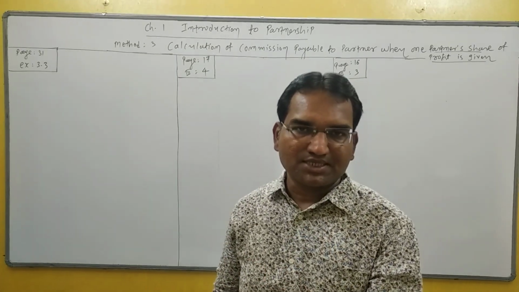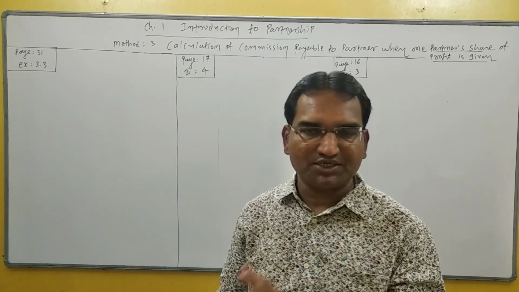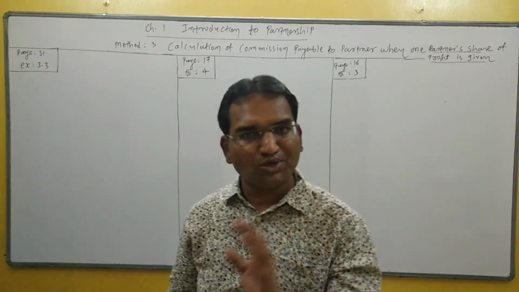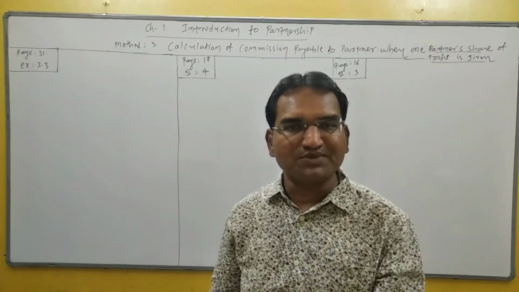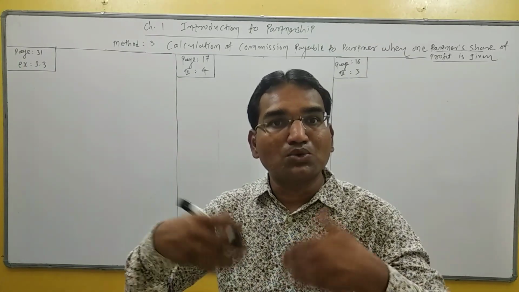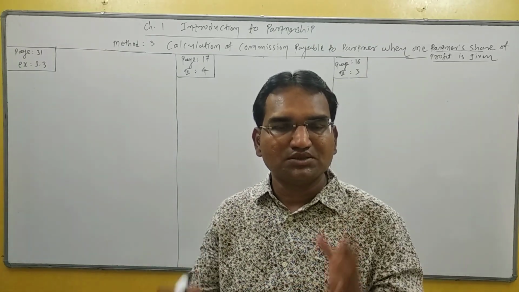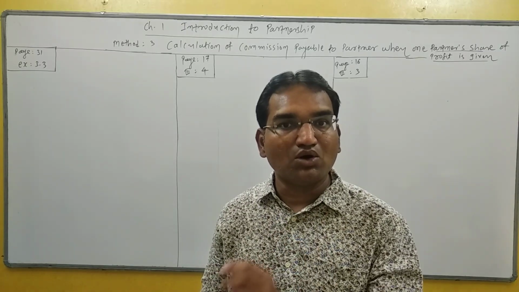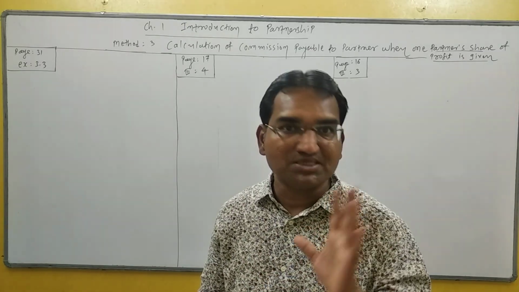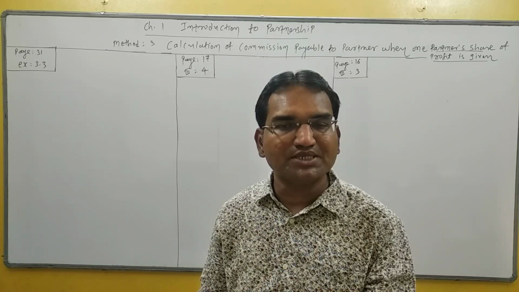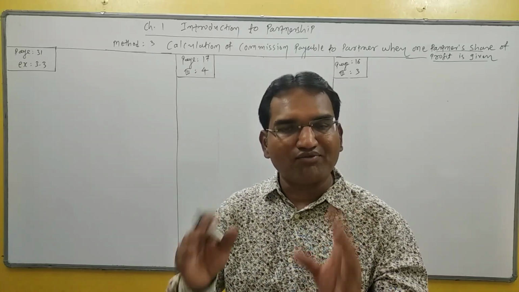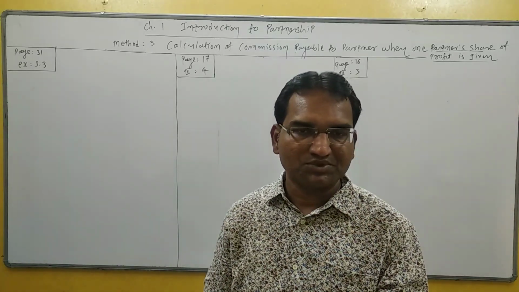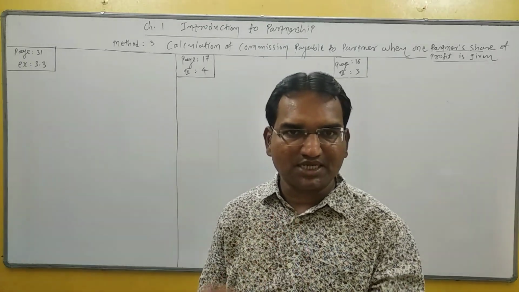In this exercise, you are given one partner's share of profit, and then we can calculate the total profit from the profit sharing ratio. This profit is always divisible profit, meaning profit after deducting commission. So be careful in this type of example.